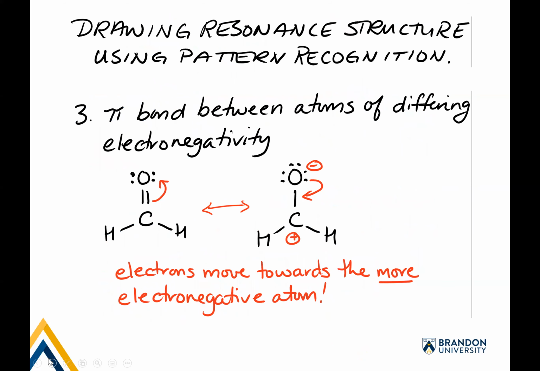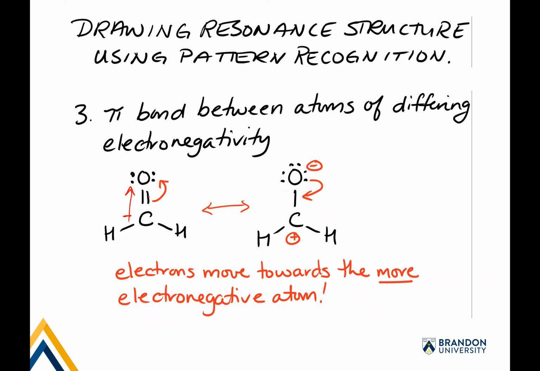The next pattern recognition is a pi bond between atoms of different electronegativity. So this carbonyl, carbon with an oxygen double bond, this bond, of course, is polarized in this direction because oxygen is more electronegative than carbon.